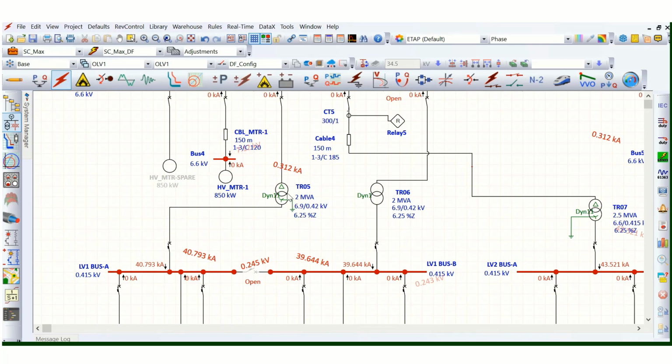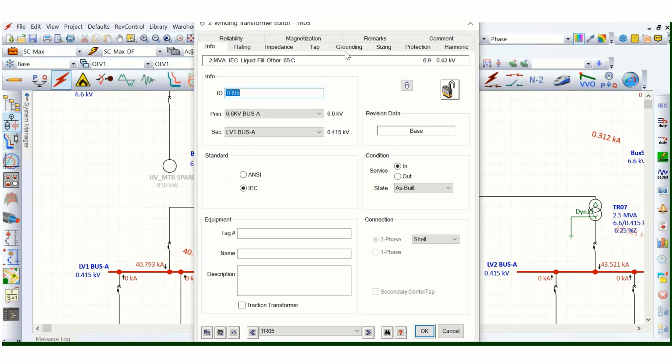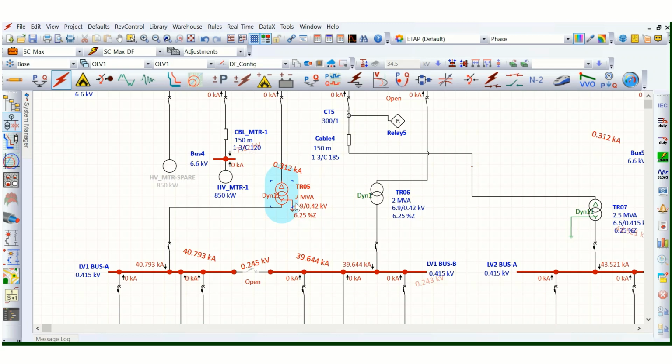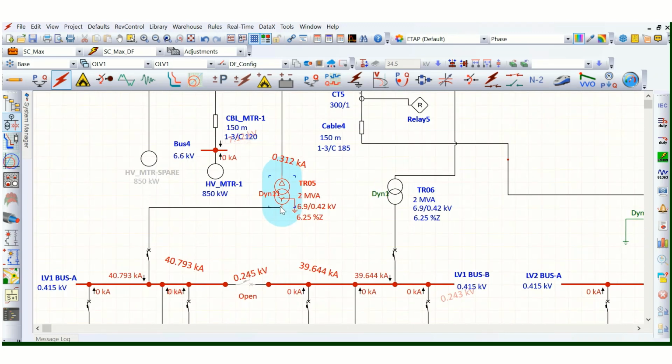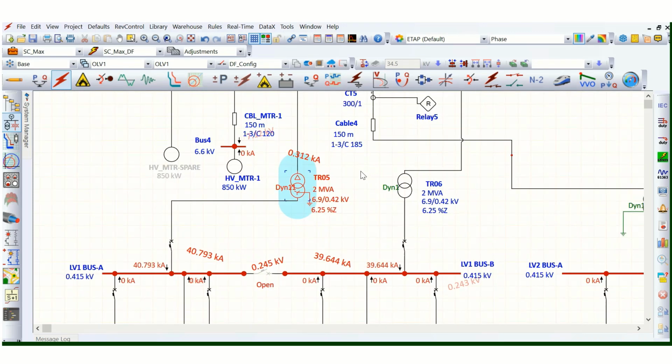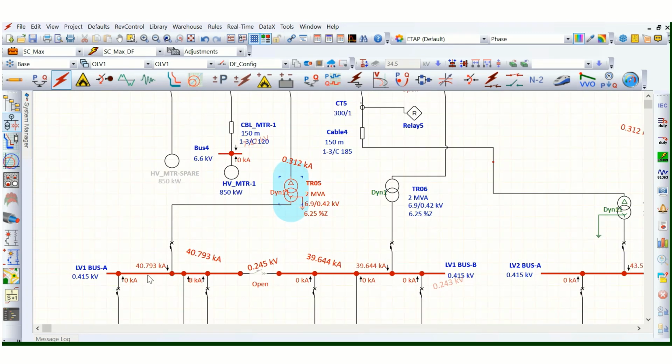Because of the solidly grounded system in this transformer. This neutral is solidly grounded, so the fault current for the single line to ground fault is not limited, nothing is limiting it. There is a solid connection between this transformer neutral and the ground. So that's why this is coming almost 40 kiloamps.